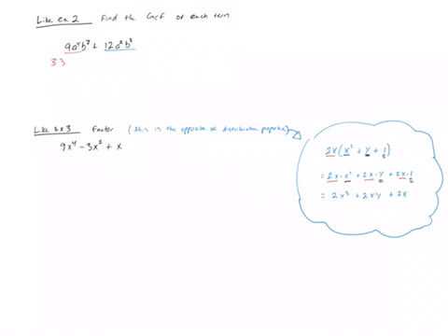A to the 4th means A times A times A times A. B to the 7th means B times B and so on, 7 of them. 12 is 2 times 2 times 3, you could have figured that out, I'm sure, times A times A times B times B.